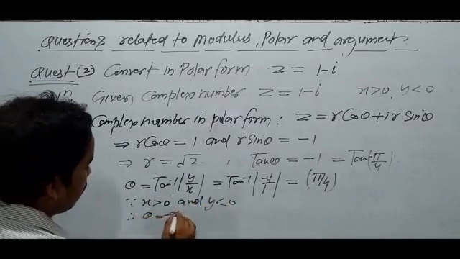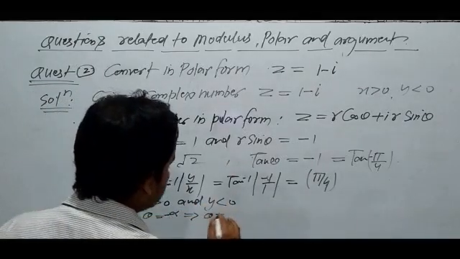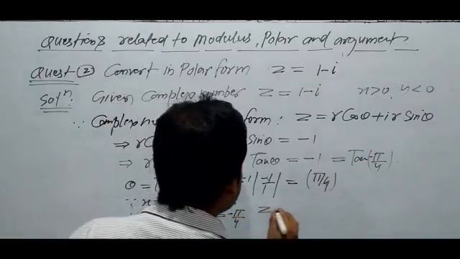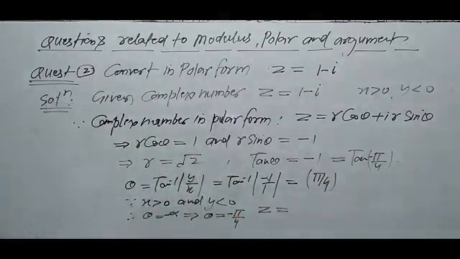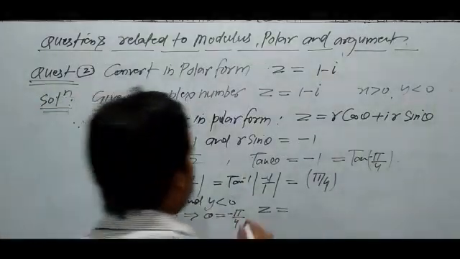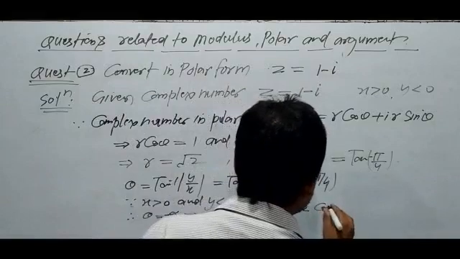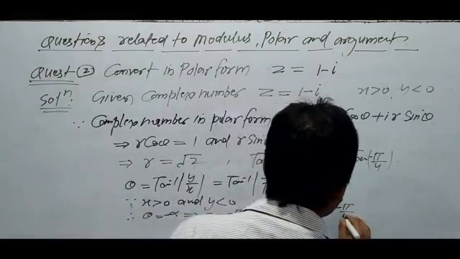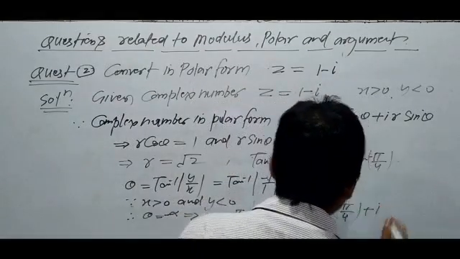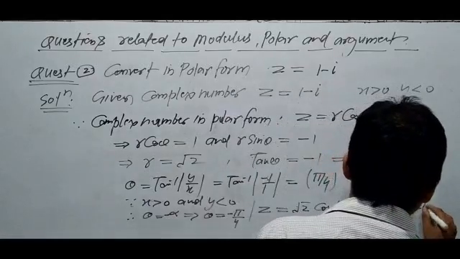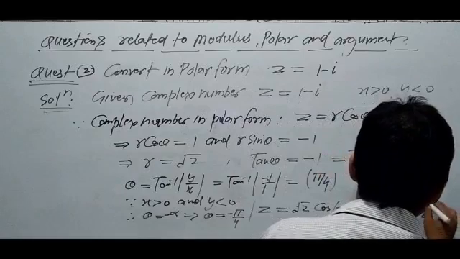This implies theta is equal to minus pi by 4, and the complex number z will be equal to root 2 cos of minus pi by 4 plus i root 2 sin of minus pi by 4.